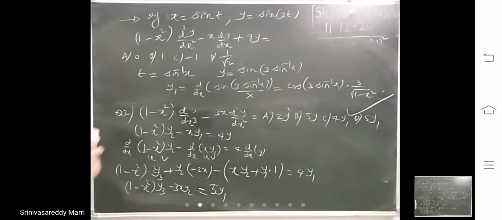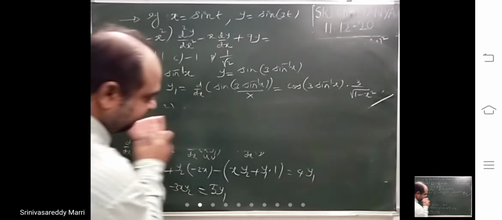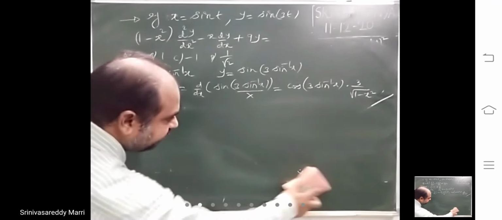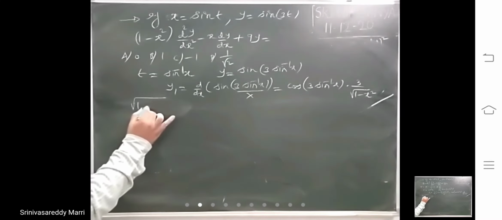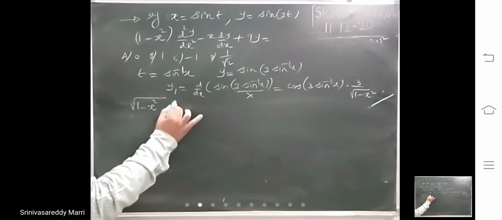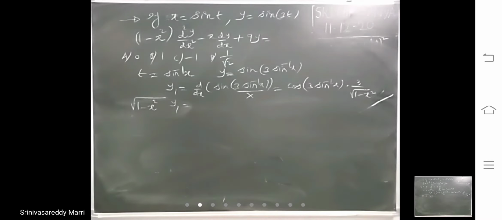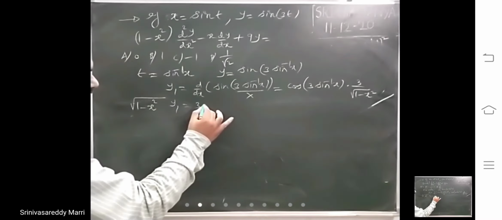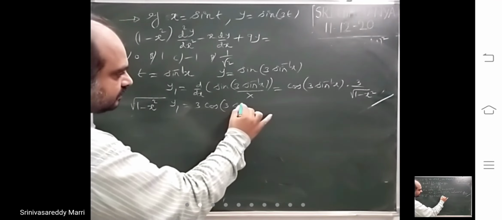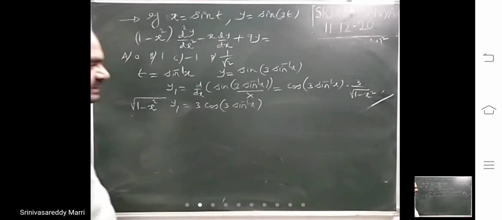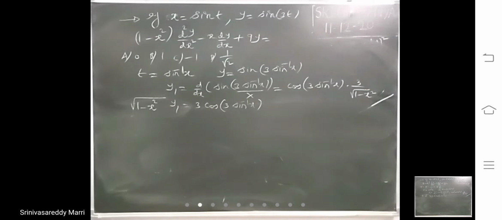Now bring the root of 1 minus x square to this side: root of 1 minus x square into y1 equals 3 cos of 3 sine inverse x.